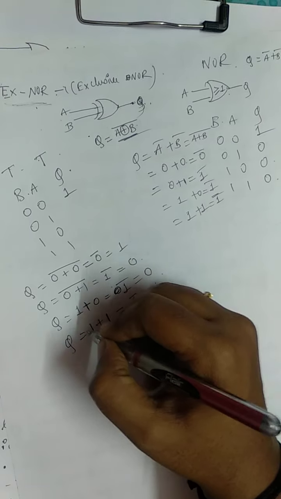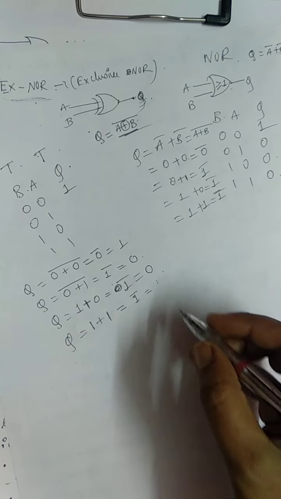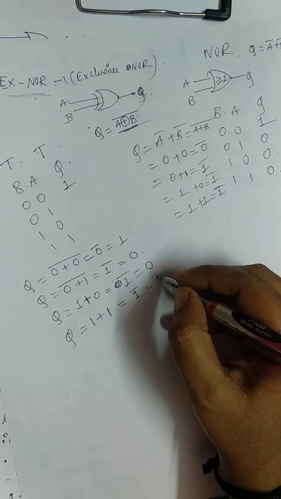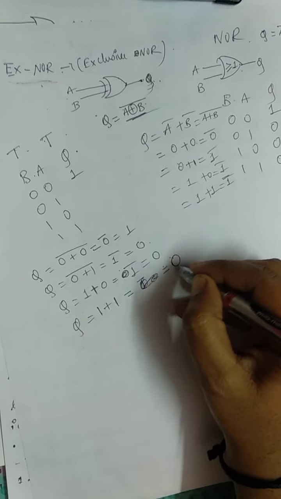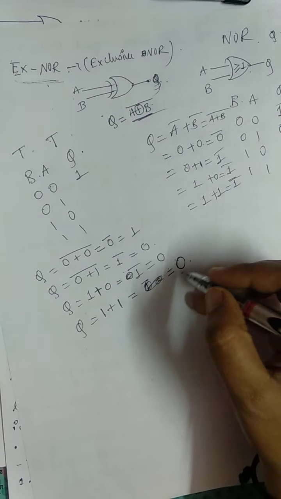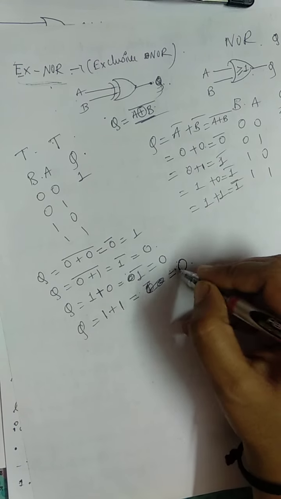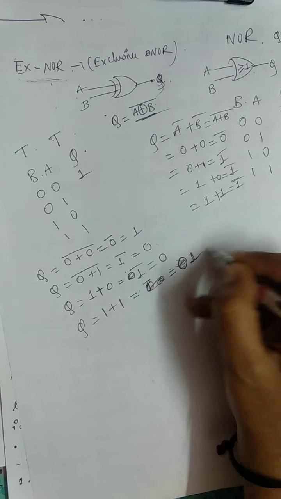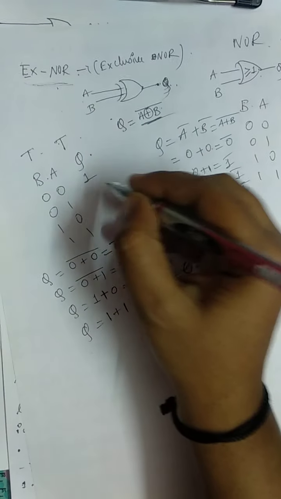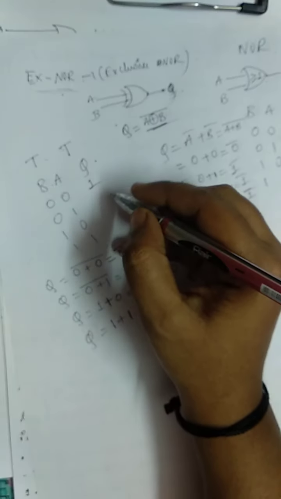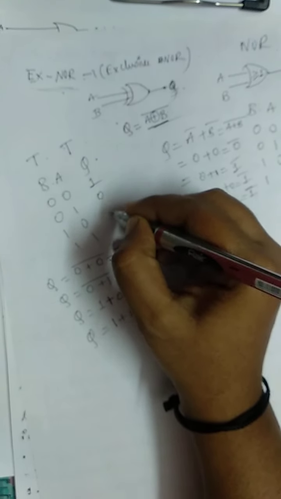When both the inputs are on in the XOR gate, it will become 0, not 1. It will become 1, not 0, sorry. So the XNOR is 1 0 0 1.